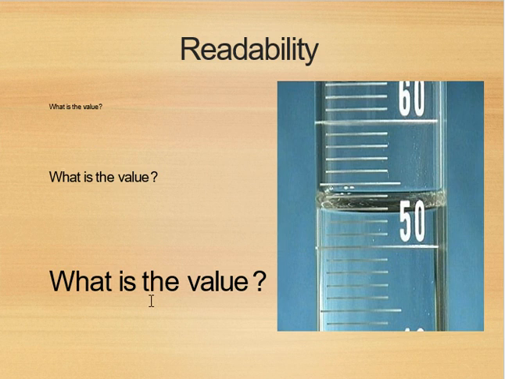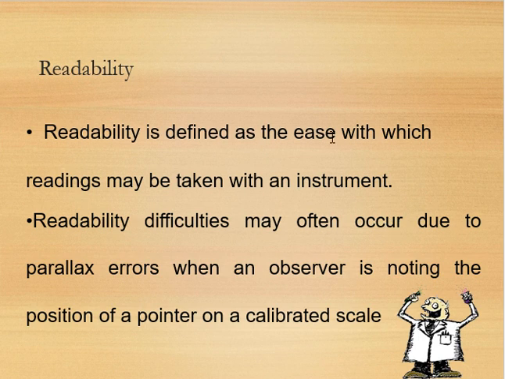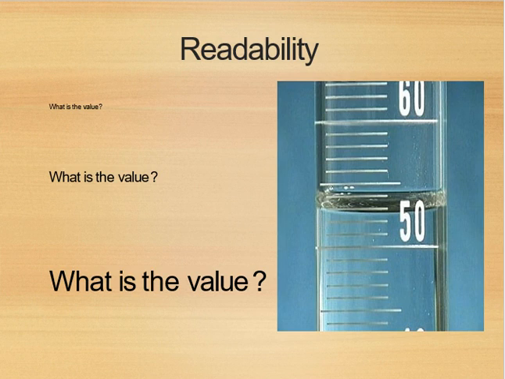Here this can be more easily readable than this one. I think you got the idea about this. It's a very simple term. It is basically the ease with which readings may be taken with an instrument, and it is generally considered while the observer is noting the position of the pointer. So this is all about the readability.